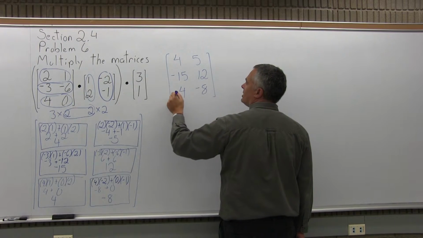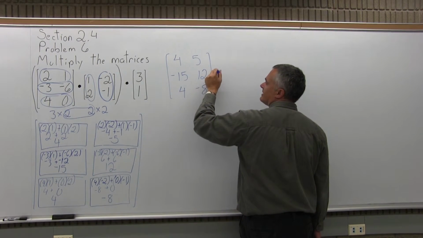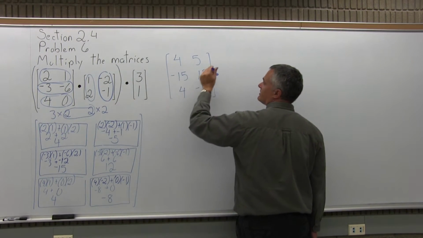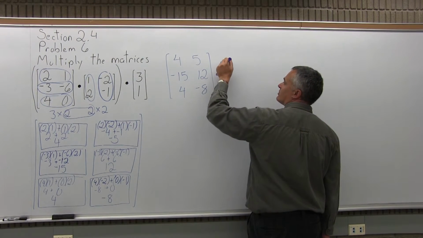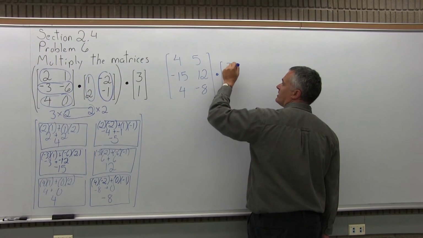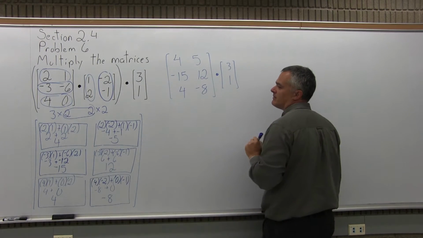And I want to multiply that times the matrix that was outside of the parentheses, which is a 3 in the top and then a 1 underneath. So it's just that one column.